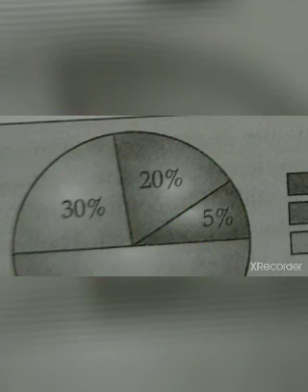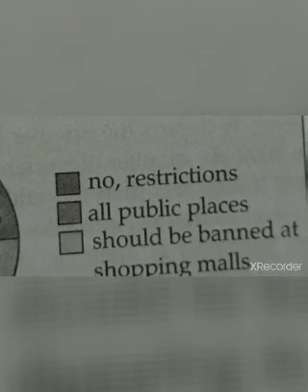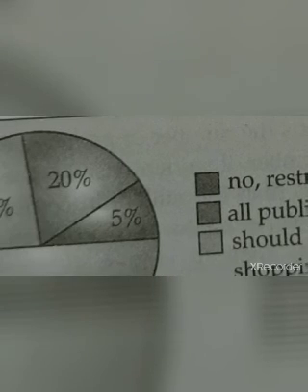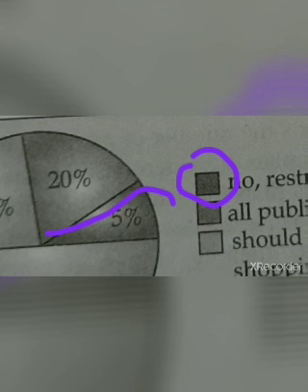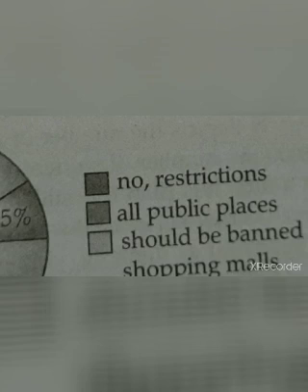Now let's see the views. What are the views? Here this dark portion, this is the darkest portion, right? And that is 5%, right? So what are they saying? They are saying no restrictions.